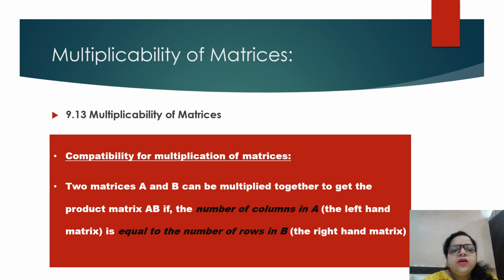Two matrices A and B can be multiplied together to get the product matrix AB if the number of columns in A, that is the left hand matrix, is equal to the number of rows in B, the right hand matrix. That means you have to see that the number of columns in A, the vertical ones, is equal to the number of rows, the horizontal lines, in the second matrix, that is matrix B.